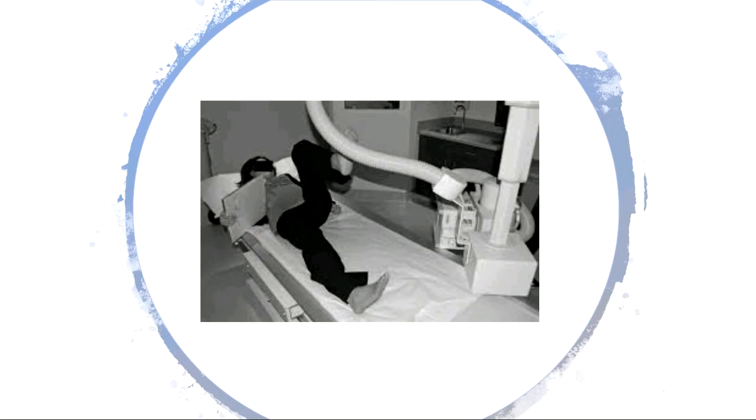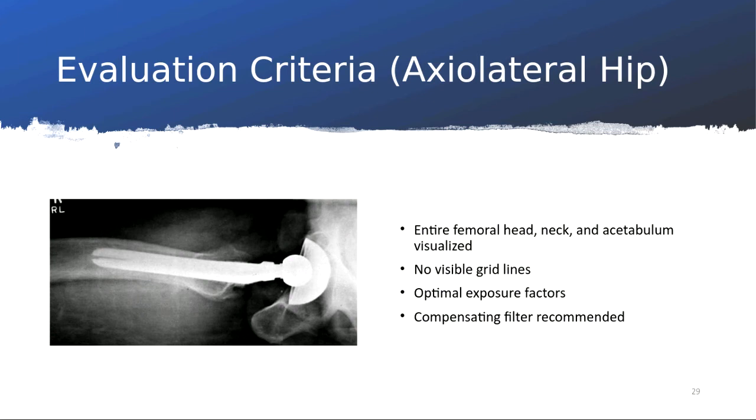As far as the evaluation criteria on the axiolateral, or on the Danelius-Miller image, this could have been done after surgery when they put in this prosthetic, but you need to visualize the entire femoral head, neck, and acetabulum. So here's the prosthetic femoral head, prosthetic neck, and the acetabulum. This is actually the acetabulum here, the cup-shaped thing, and then the femoral head.